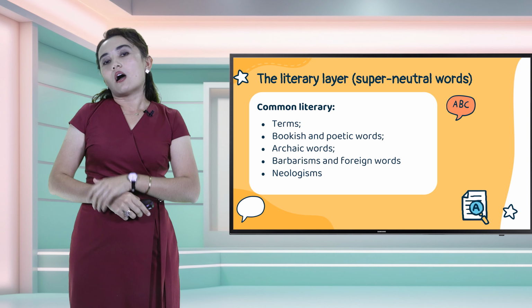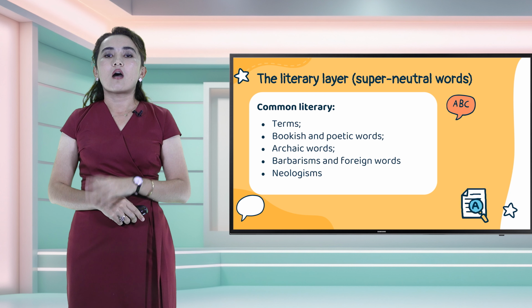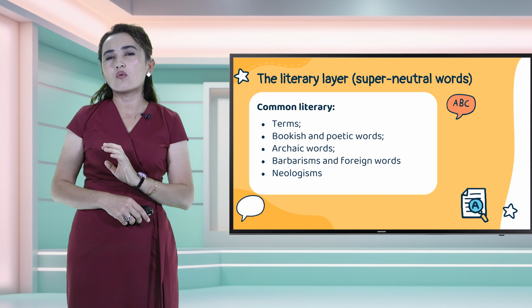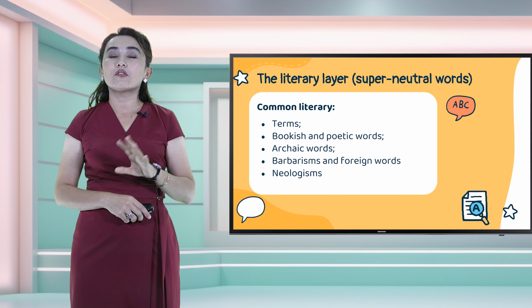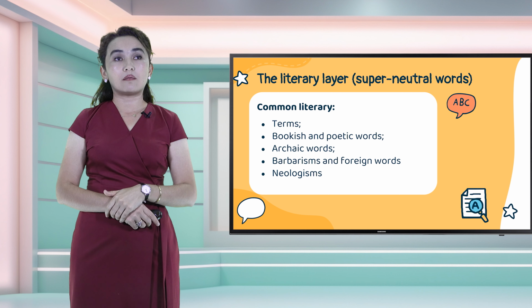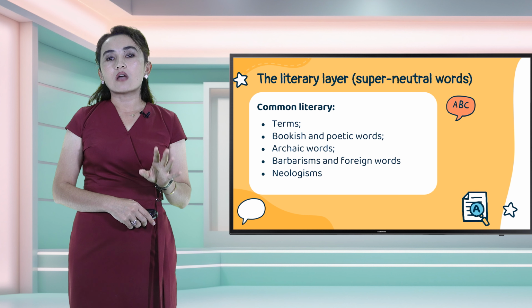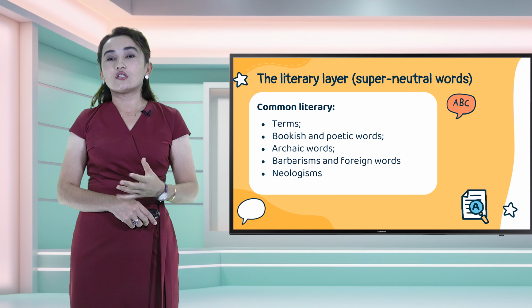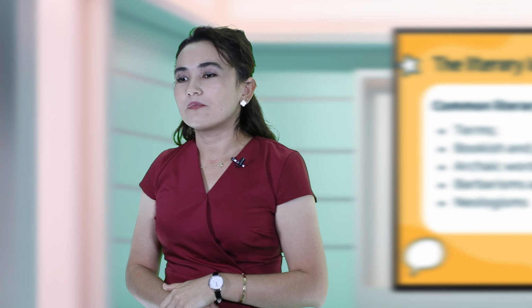They are the common literary words and the common colloquial words, grouped under the term standard English vocabulary. Common literary words are chiefly used in writing and, of course, polished speech as well.